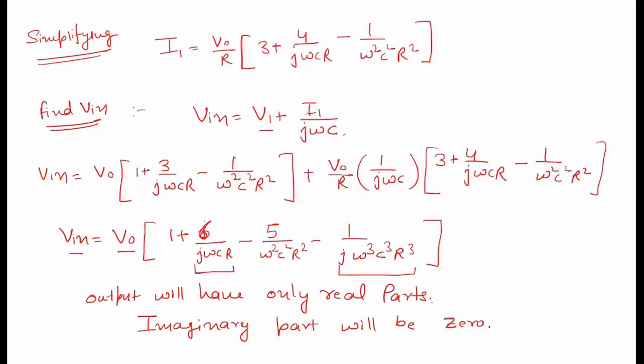So let's see how. In this expression, we can see that the imaginary part is this term and this term. So putting these two terms equal to 0, as 6 upon omega CR minus 1 upon omega cube C cube R cube is equal to 0.